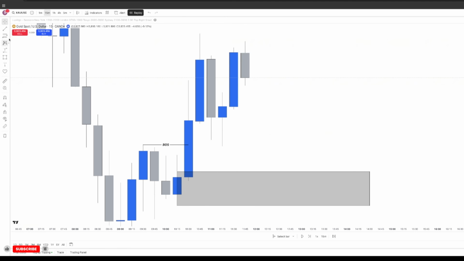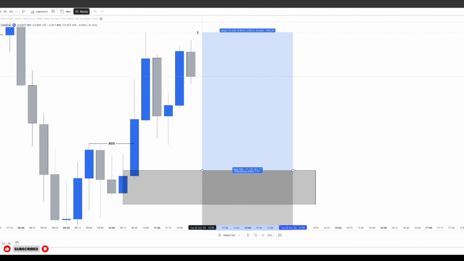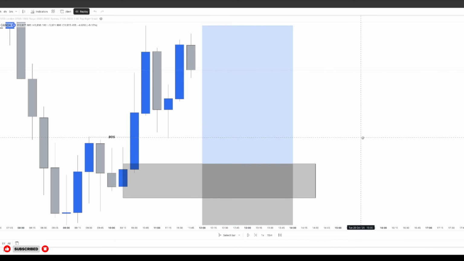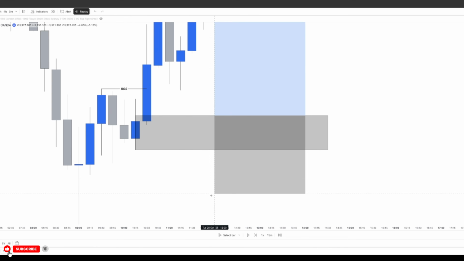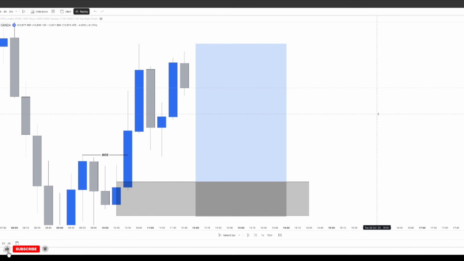Let's put here our waiting zone. So this is our recent high. We are targeting 252 pips, and we are only risking something like 60 pips, 60 something pips. Now you see, this is how we minimize the risk and we maximize profits.